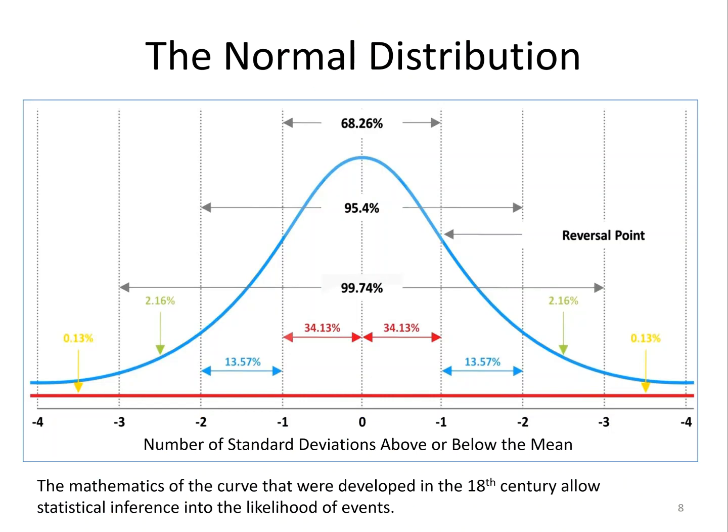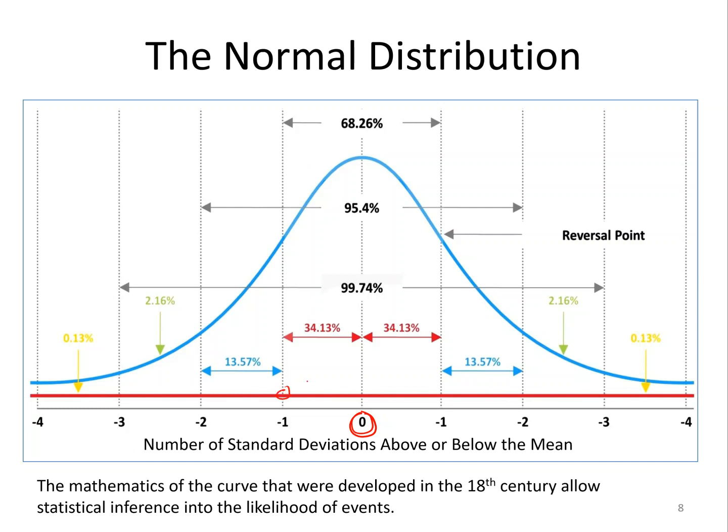Now, the mathematics of the normal curve were developed in about the 18th century and allow us to make statistical inference into the likelihood of events. For example, if you assume normality and we use the standard normal curve, we'll say we have a mean of 0. If we know the mean and we've estimated the standard deviation, we can look at, say, between plus or minus 1 standard deviation.